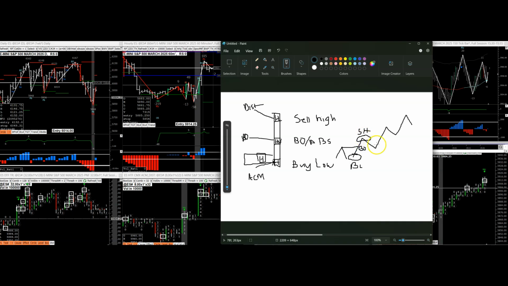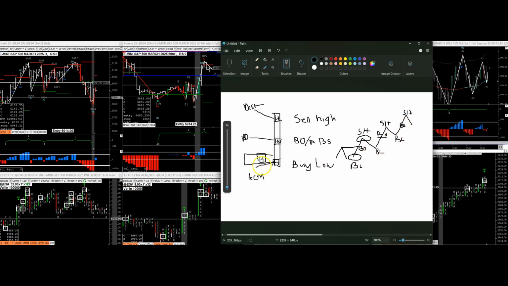Then they'll pull back a little bit, and then they'll buy low, which is reaccumulation. Then break out, then sell high, causing price to pull back, and then this will become a low. Then buy low and break out, right? And then they'll sell high. And then the thing goes.